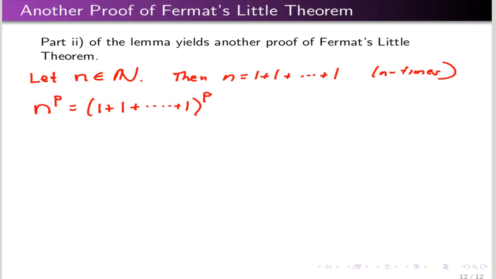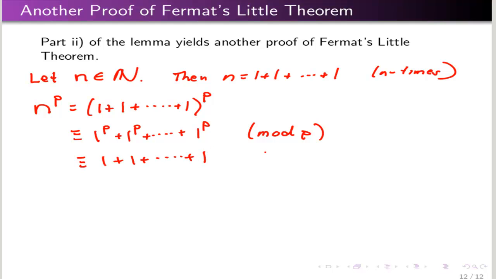Now I use the second part of the lemma, which would say, well, that's congruent to 1 to the p plus 1 to the p plus 1 to the p, mod p. Well, 1 to the p is just 1. And how many 1s am I adding up? I'm adding up n 1s.